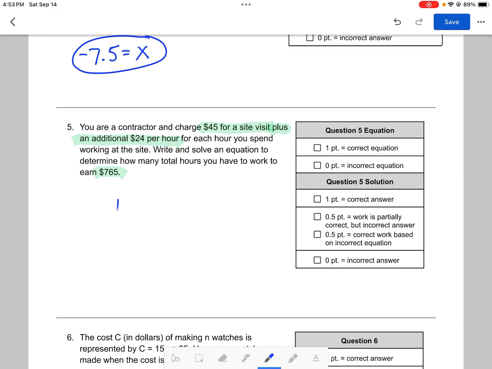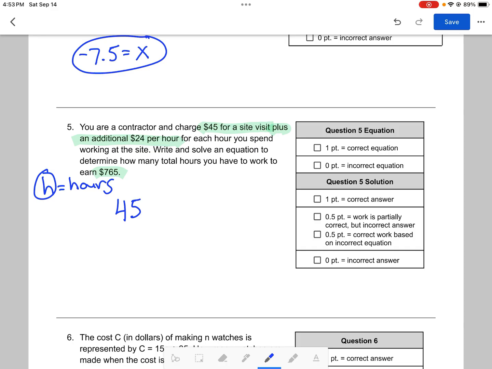So I know that I'm going to start with 45. That's just a one-time charge. Now the additional $24 per hour, we don't know how long the contractor is going to be there. So I'm just going to use H for hours to represent the number of hours that contractor might be there. And since we don't know how many hours he is going to be there, H is our variable.